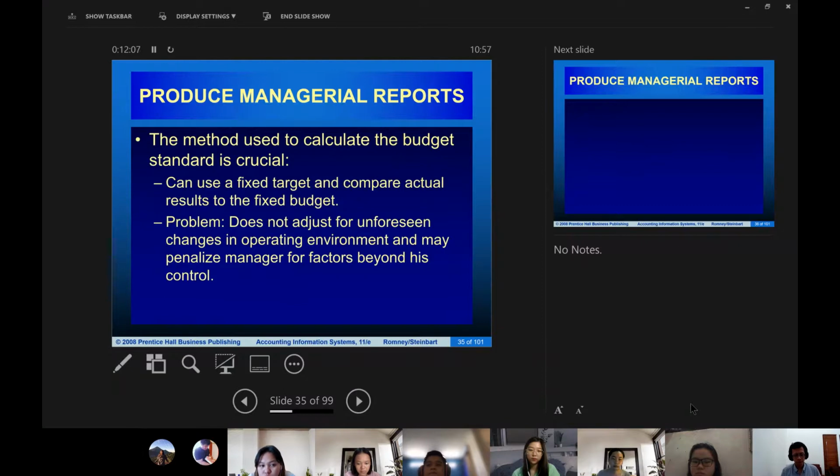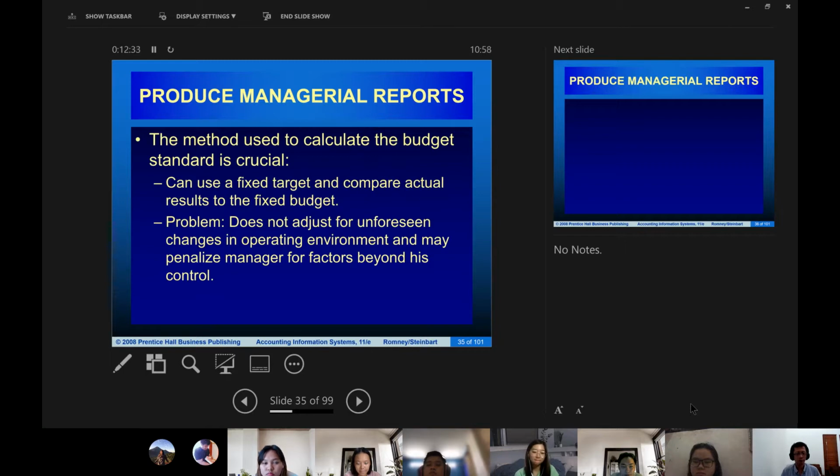Now, like I said, for cost, cost could fluctuate. The budget was calculated and determined at the beginning of the financial year, and during the year there could be changes in circumstances, changes in prices.